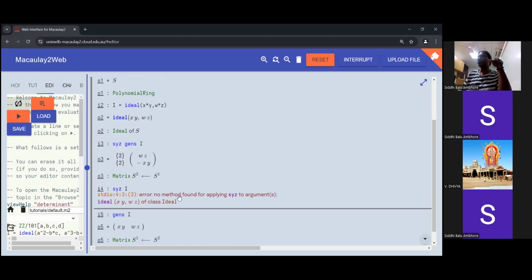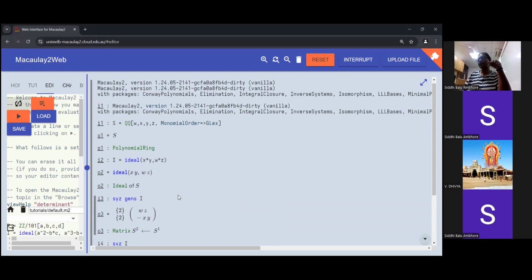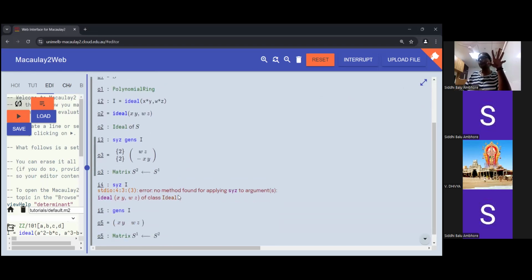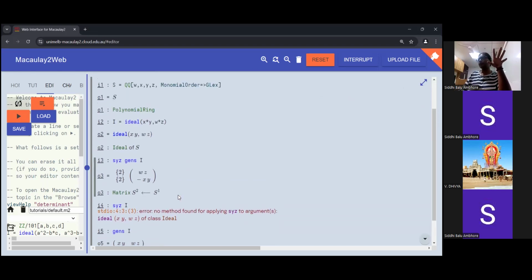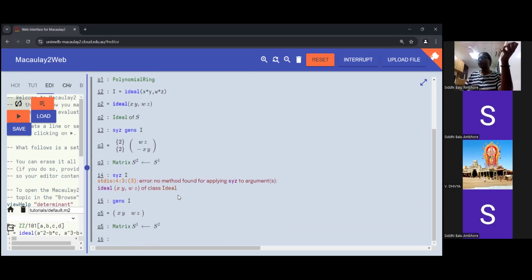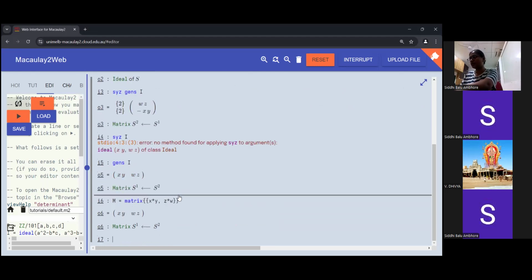If you want to apply CGG to a certain input set, it has to be a matrix, or we can define M to be the matrix X*Y, Z*W.